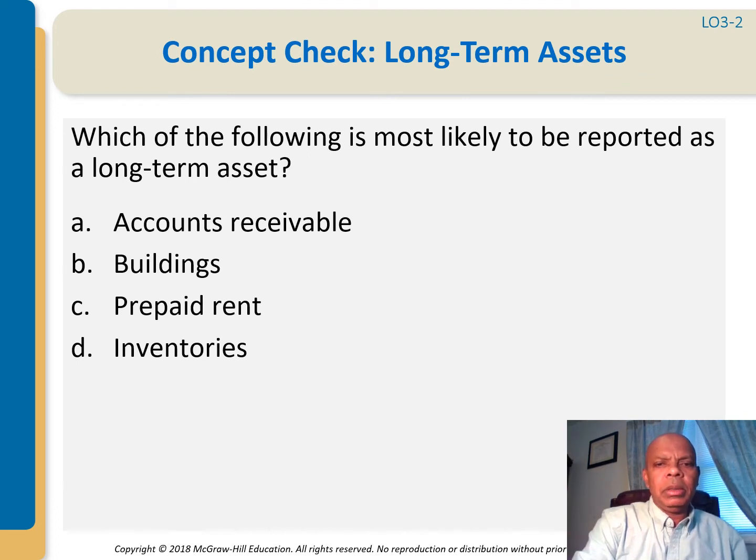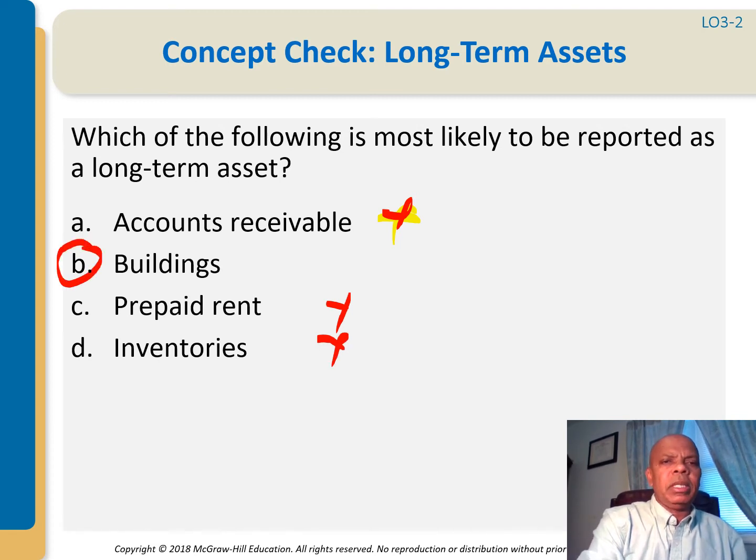Not this, not this, and not this, right? But the building is the long-term asset. Other assets are the current assets.